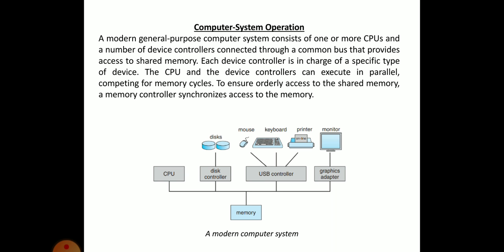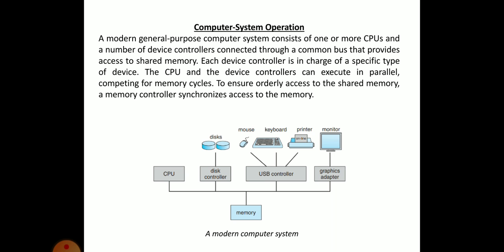And the CPU as well as the devices, multiple devices may be competing for the memory cycles, as there will be only one memory unit in a system, and when this system contains more than one processor, there may be a competition for memory cycles. In case of many devices accessing the same memory location, there may be competition for sharing memory or for accessing memory information.